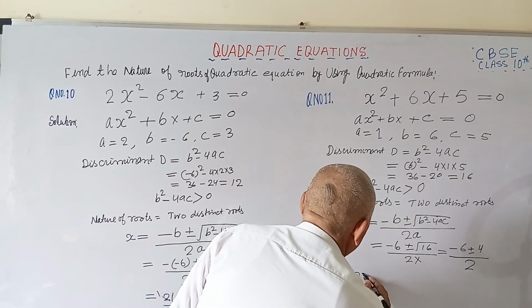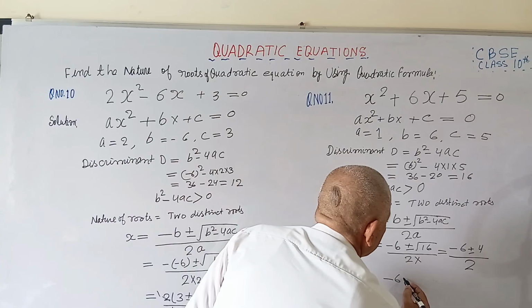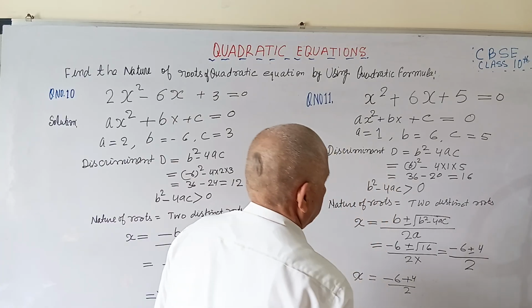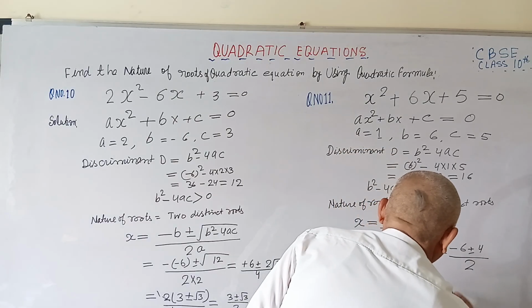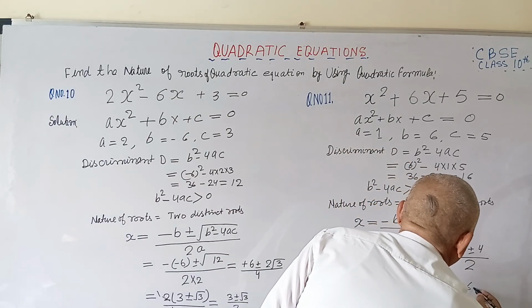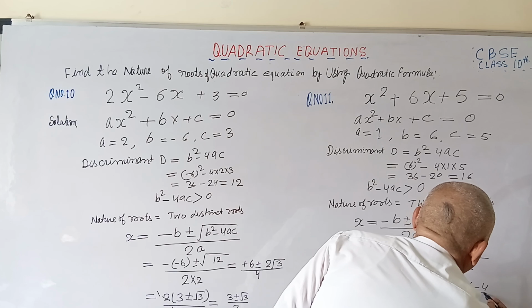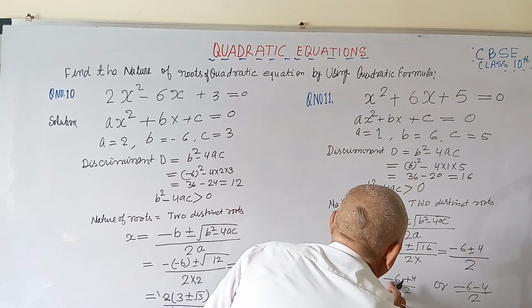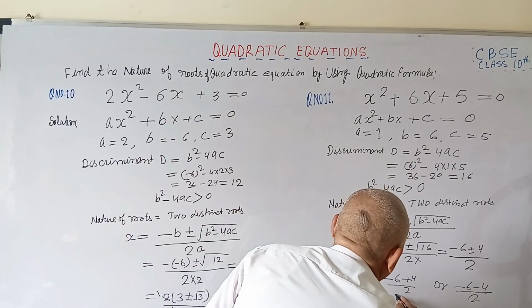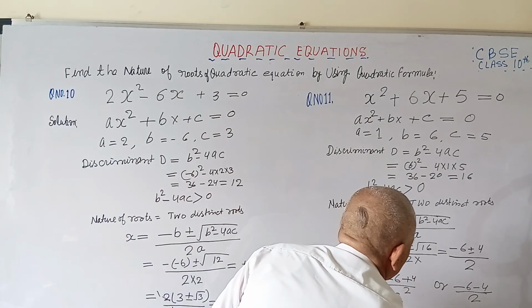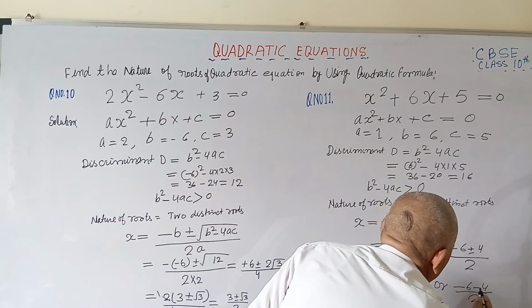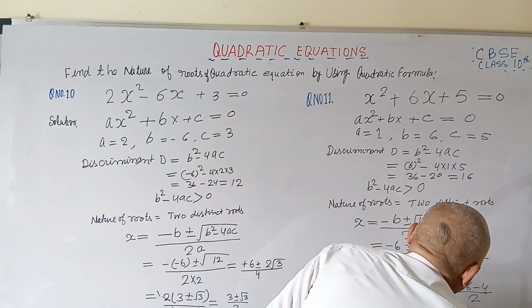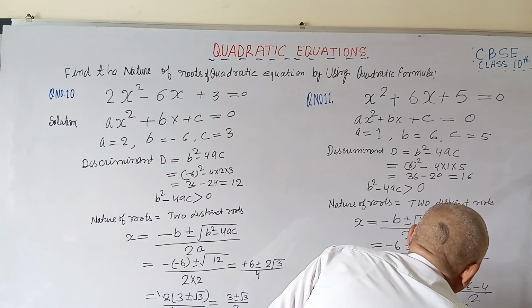Now the value of x will be minus 6 plus 4 by 2, or minus 6 minus 4 by 2, that is minus 2 by 2, or minus 10 by 2.